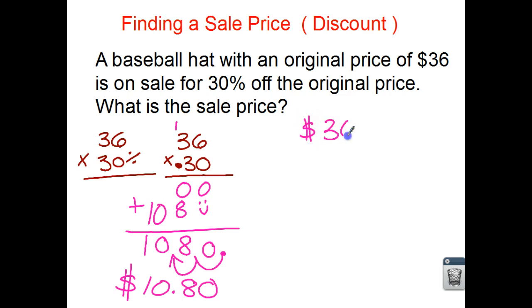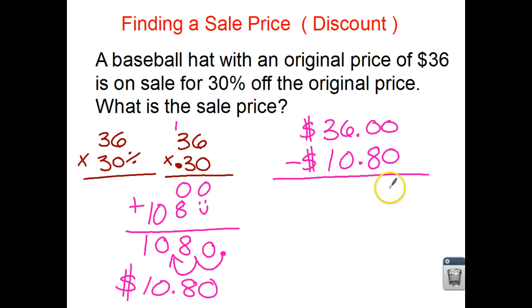So we have $36. Since we have some cents in there, I'm going to put 36 and 0 cents subtracted by $10 and 80 cents. Now that was our discount. That's what we're taking away. And now we're subtracting. 2, bring down our decimal point. 5 subtracted by 0. 3 subtracted by 1 is 2.